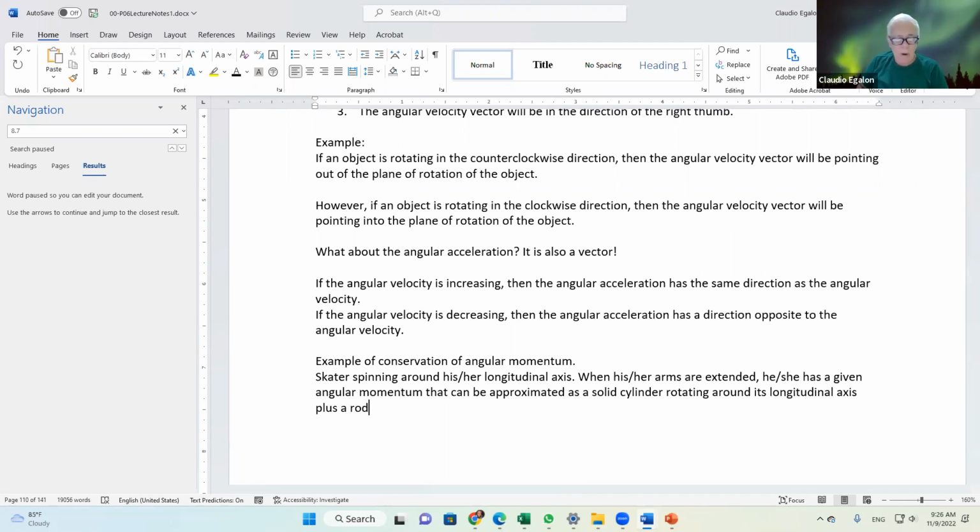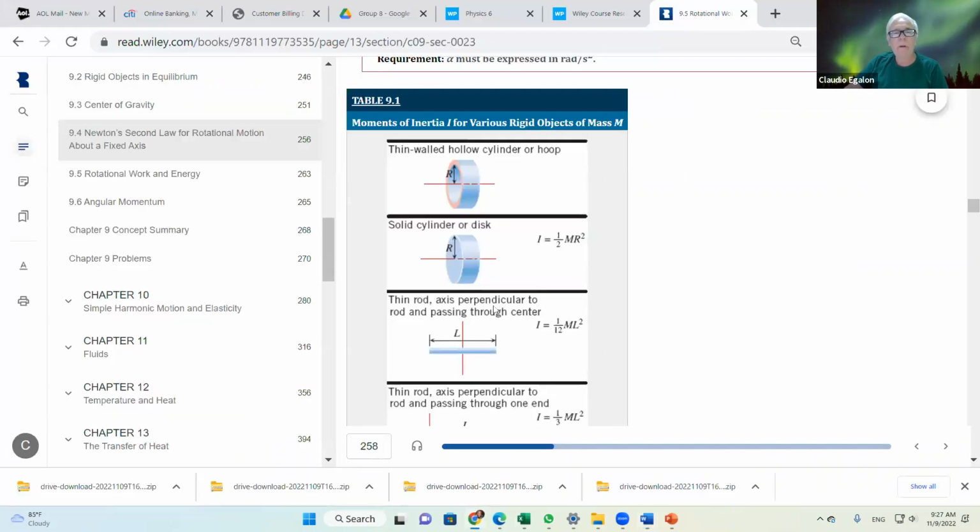Plus a horizontal rod with an axis perpendicular to the length of the rod. And here our book already has it. I can say that's a rod because the diameter of the arms is smaller than the diameter of the body, right?